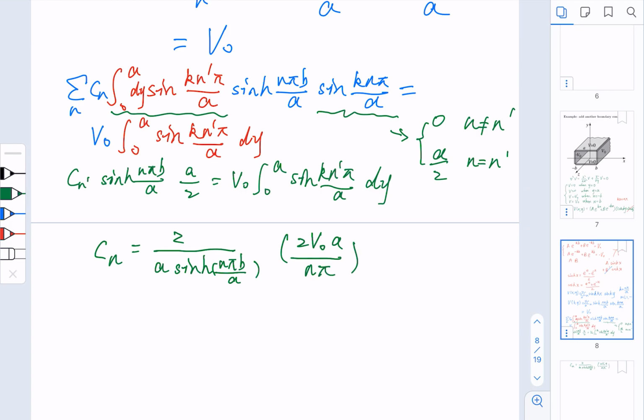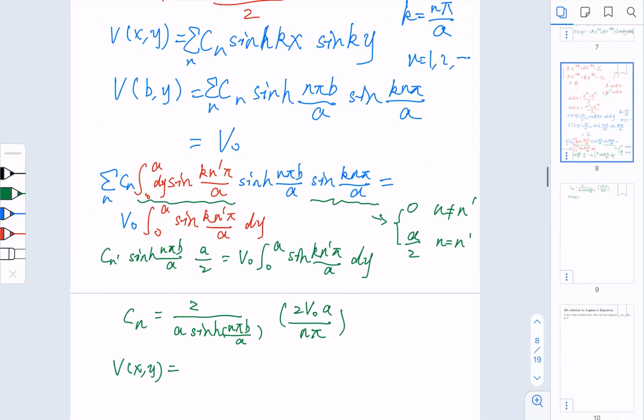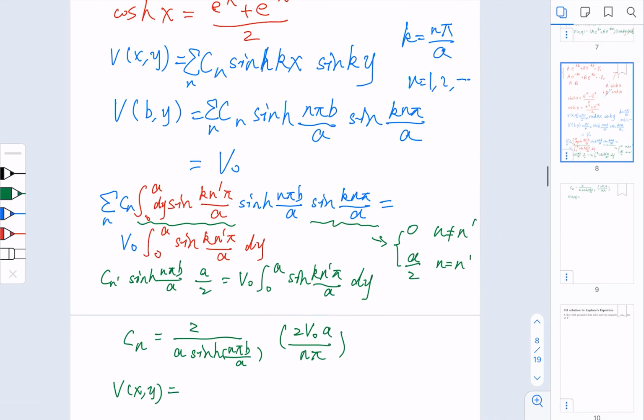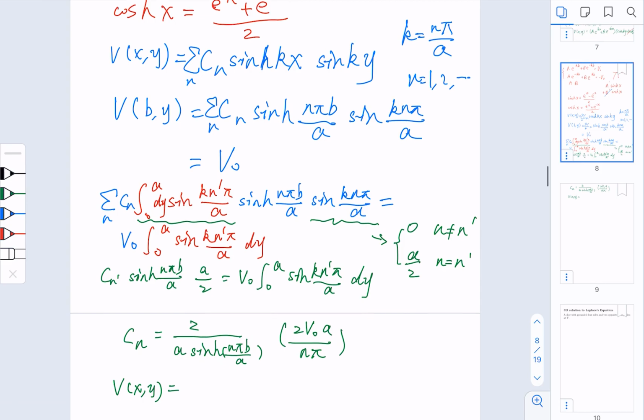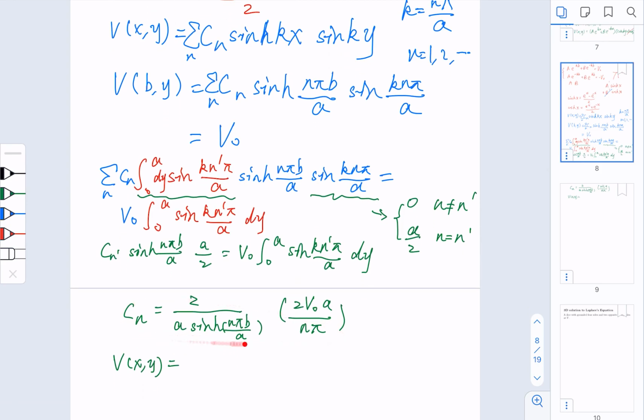and then the final expression of v of x, y should simply be seen by copying down the expression over here, with the Cn plugged in. So it's 4 v naught over pi, summation over all odd n.